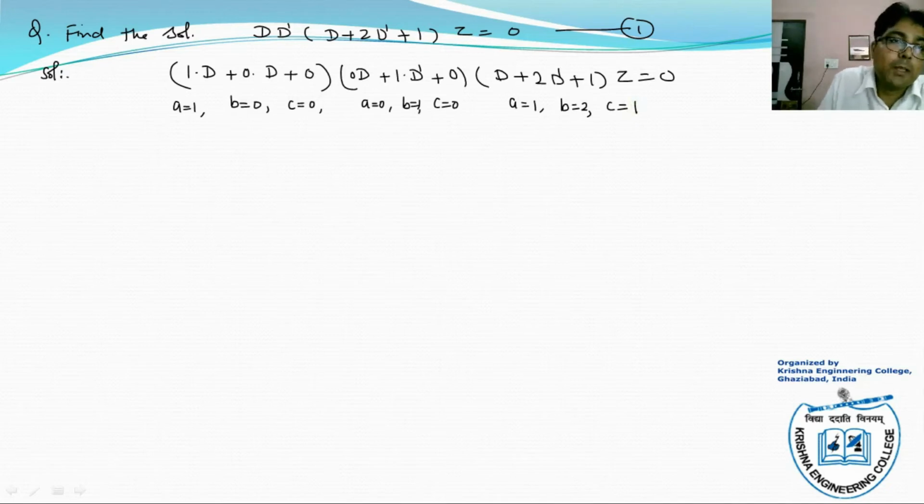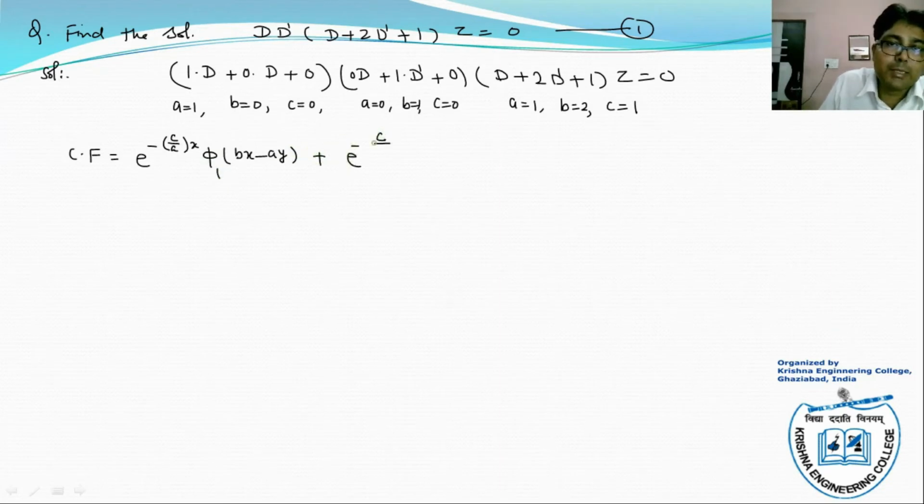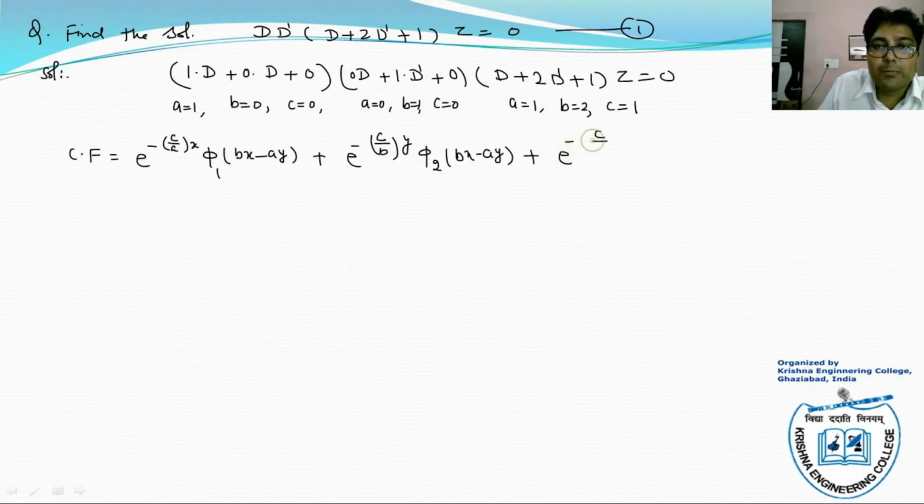Clear? Then CF in this case, corresponding to these factors, is e^(-c/a x) φ1(bx - ay) + e^(-c/b y) φ2(bx - ay), here a is equal to 0, + e^(-c/a x) φ3(bx - ay).